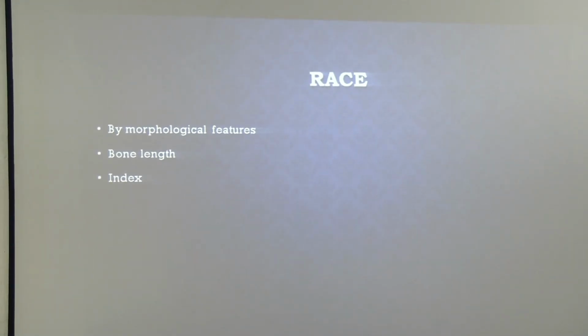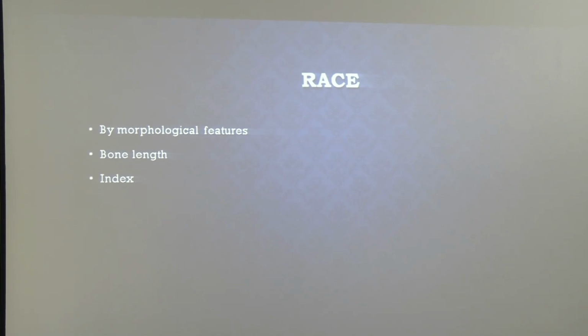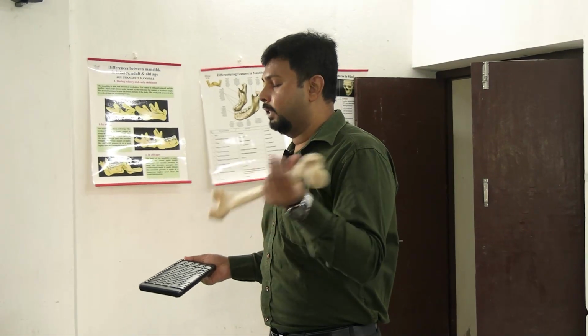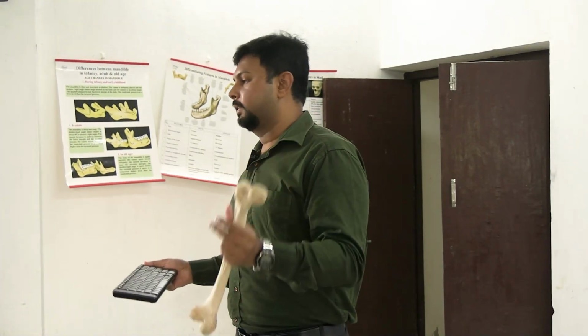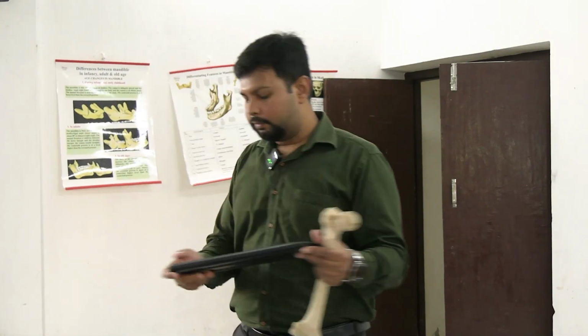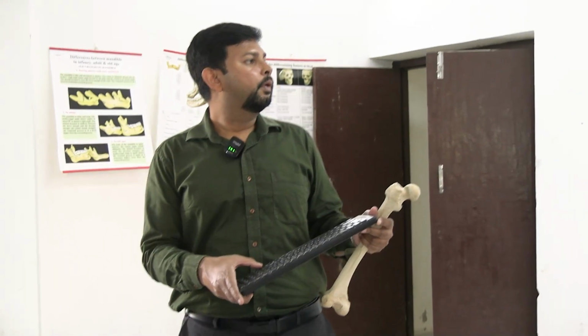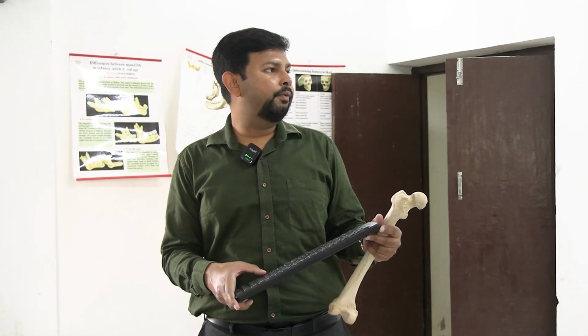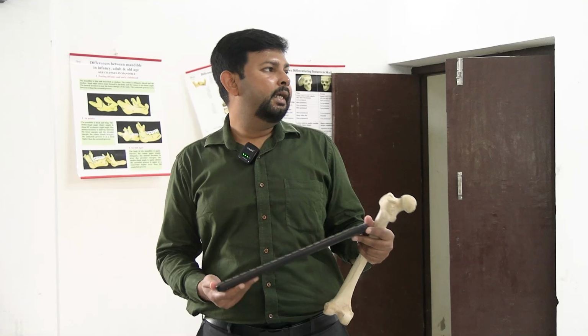Maximum length is in Negroids, then comes Caucasians, then comes Indians, meaning Asians. So morphological features don't play much role. Bone length also varies, but the indexes are main.